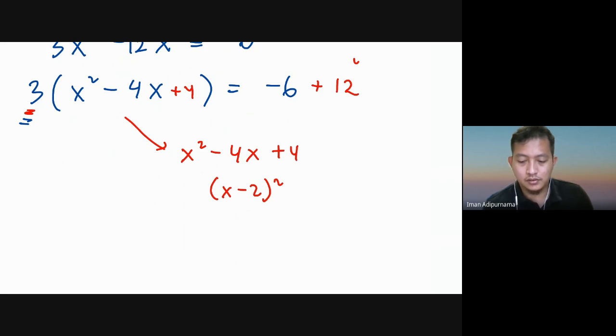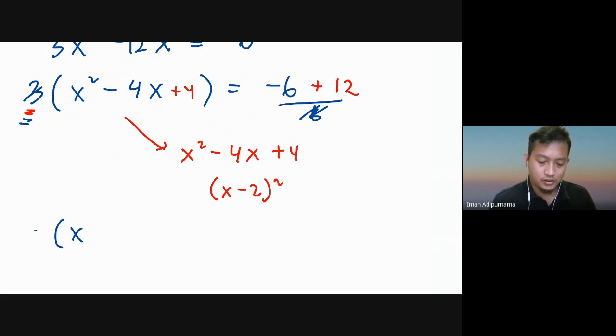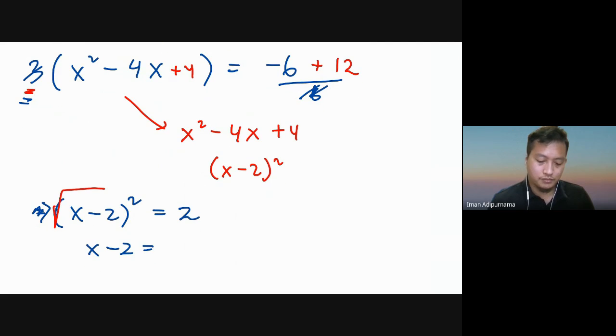And yeah, that's one mistake there. Okay. Now we have here, it becomes 6, and I can divide 6 by 3, and it will be 2. So I will write here x minus 2 squared equals 2.